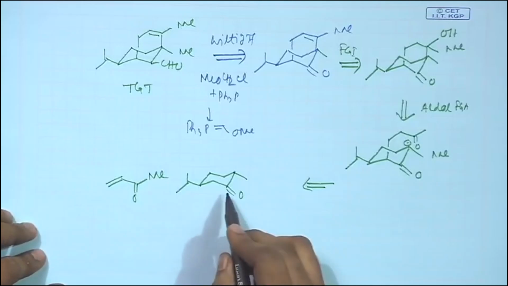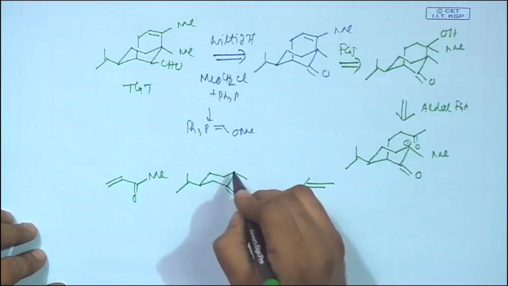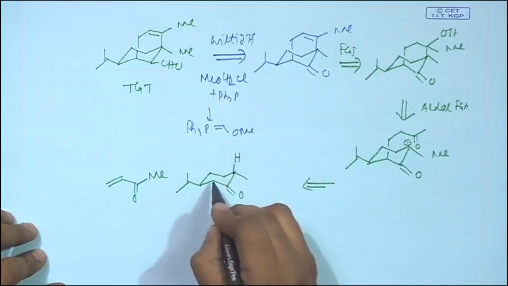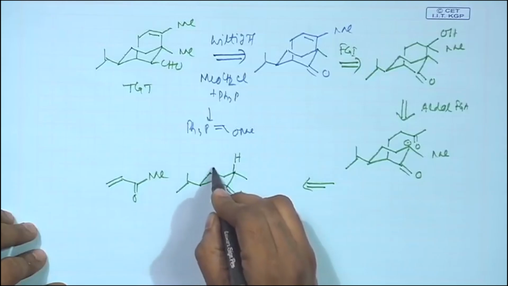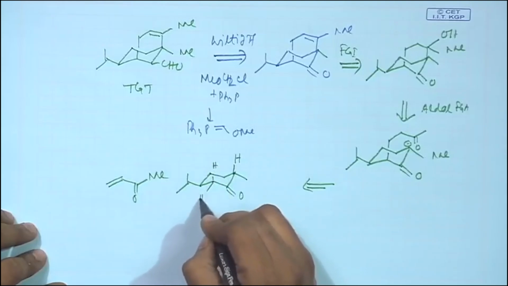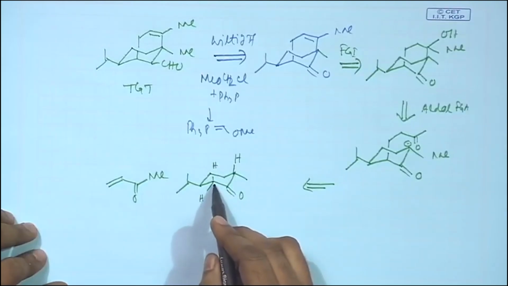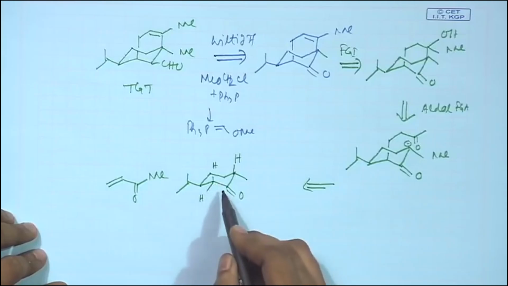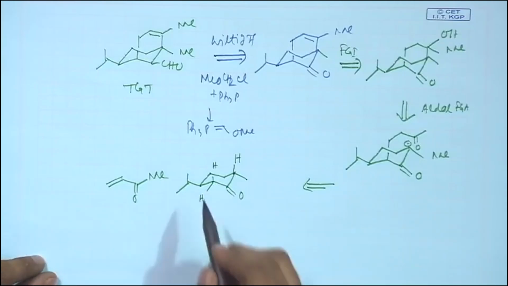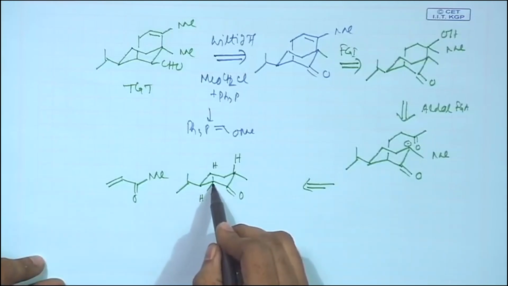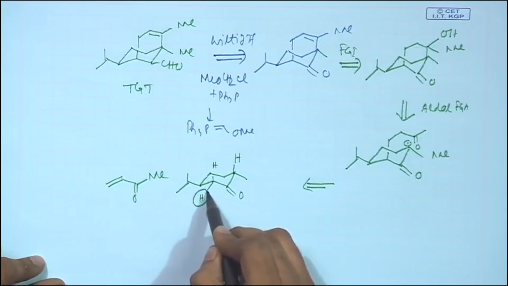Now, how? This compound is having one hydrogen here and two hydrogens here. So, you can basically generate an enolate depending on your reaction conditions. You put a carbanion here by abstracting this hydrogen.